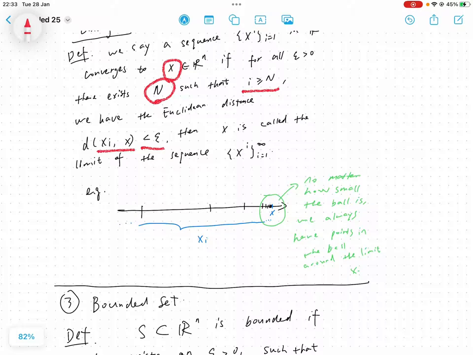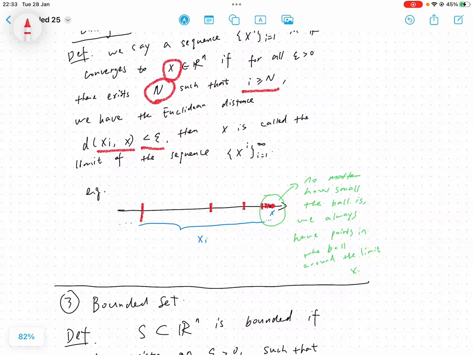Again on the real line, we have this sequence starting from somewhere else, and the distance between each two dots decreases again and again, and finally it converges to some point. Let's say it converges to this limit, this point x.